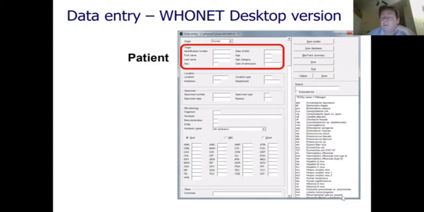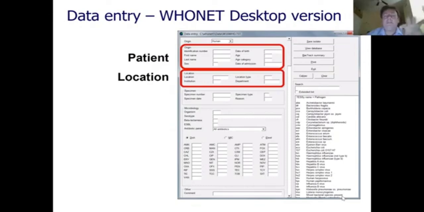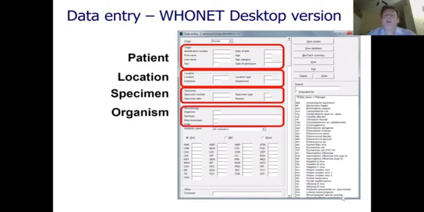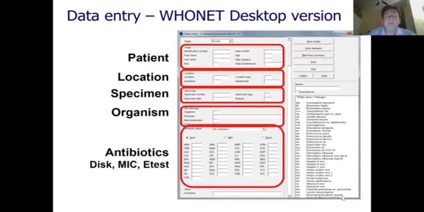If you have that, very valuable, if you can get that. Followed by location information, which ward, which clinic, medicine, surgery, inpatient, outpatient. Specimen date, type, and number. Organism questions such as organism and serotype. And then the antibiotics, such as DISC, MIC, E-test. And here you see a fairly broad list of a lot of antibiotics that this laboratory tests.